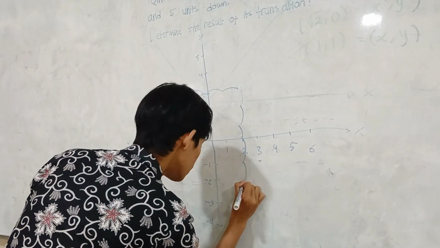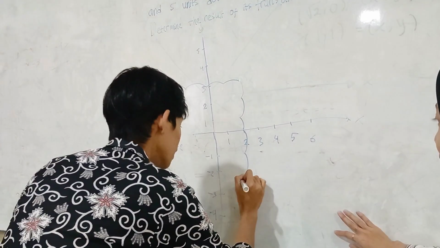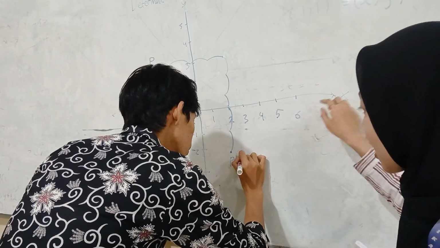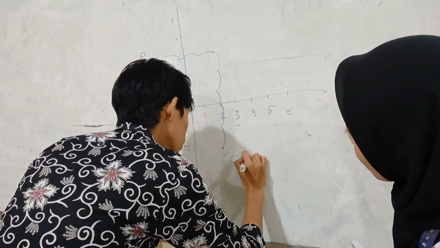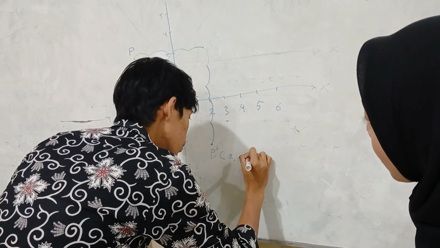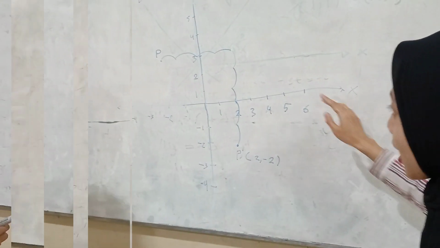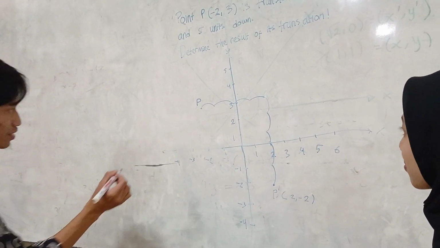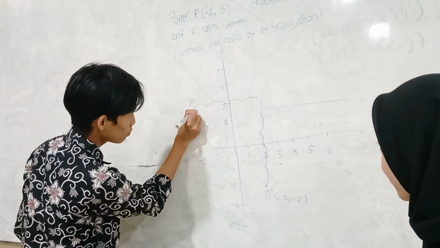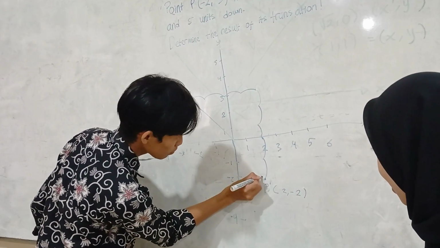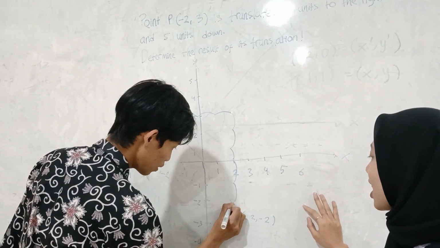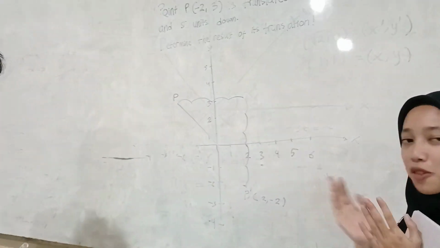Okay, this is P prime. Okay, good. Let's calculate from this to this. Good. Okay, good, Angga. Give applause to Angga.